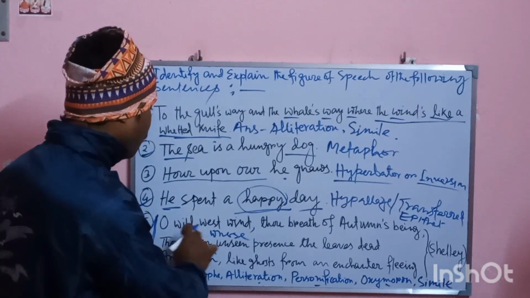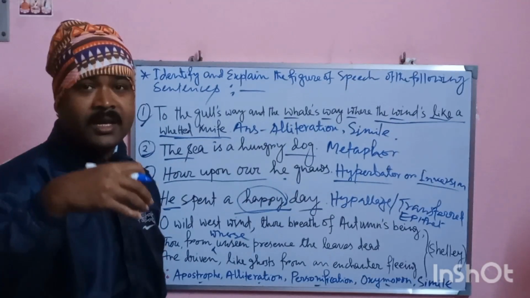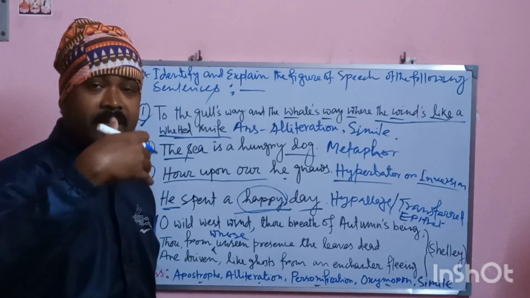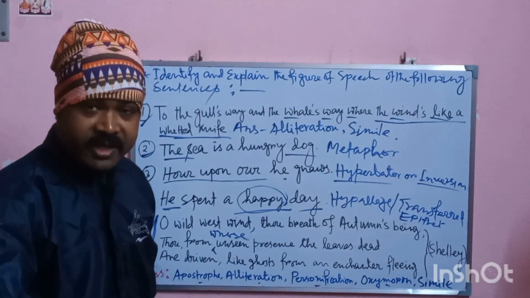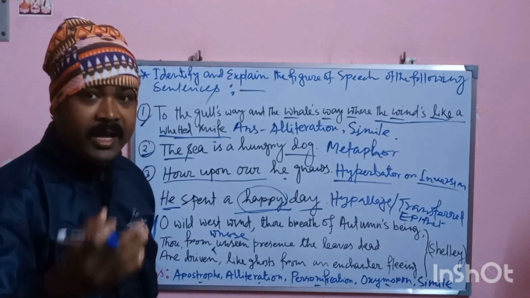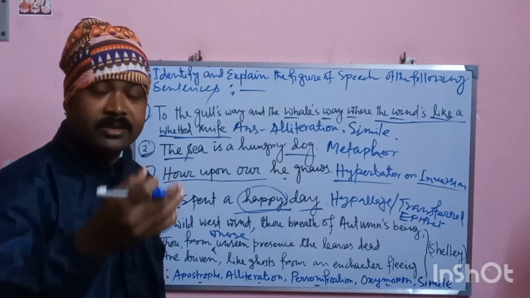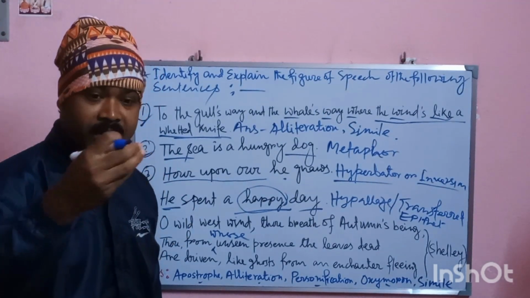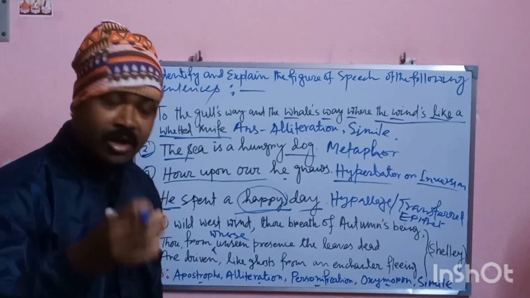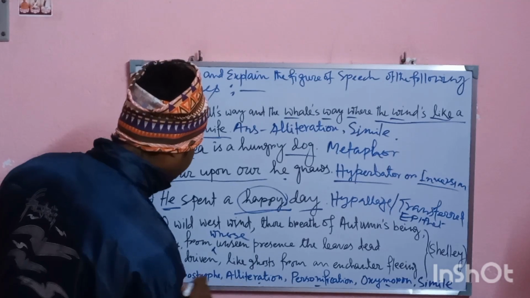Here the wild west wind is addressed passionately. When an inanimate object, abstract ideas, or a person, absent or dead, is addressed passionately, it is called apostrophe.